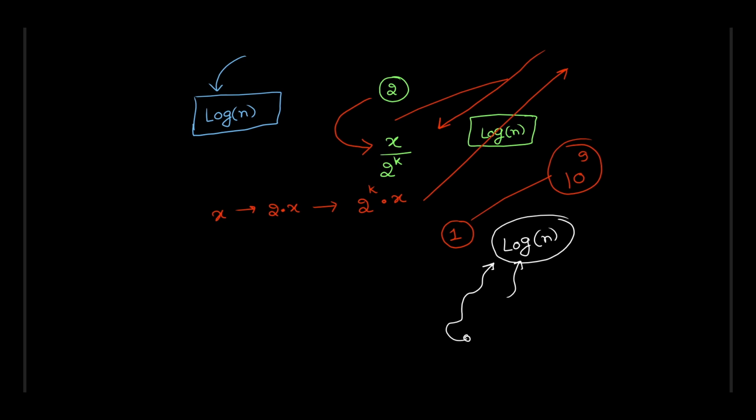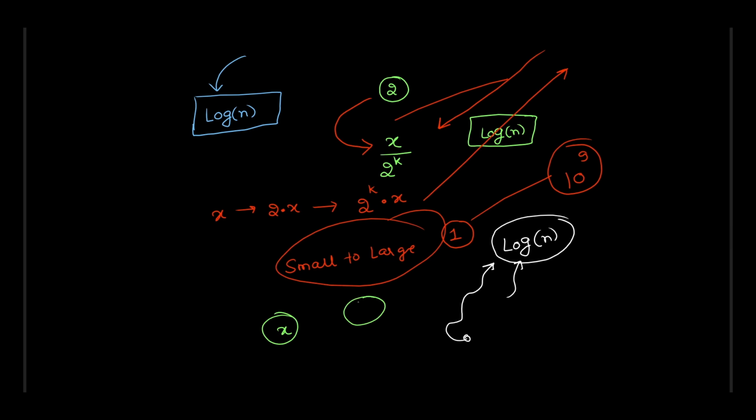For example, if you look at the small to large trick on trees, in the small to large merging trick also you do the same thing. You have a set of size x and then you also have a set of size greater than or equal to x. So when you merge them, you get a set of size that is at least 2x, right?